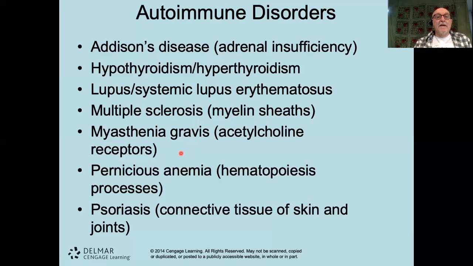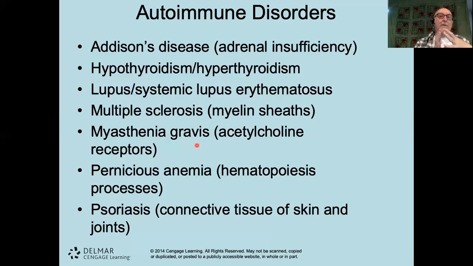This disease is called myasthenia gravis, and again, I remind you of something: when a nerve ending terminates at a muscle, it has to release neurotransmitters in order to get the muscle to contract. And the neurotransmitter it releases is called acetylcholine. The muscles have receptors for acetylcholine.